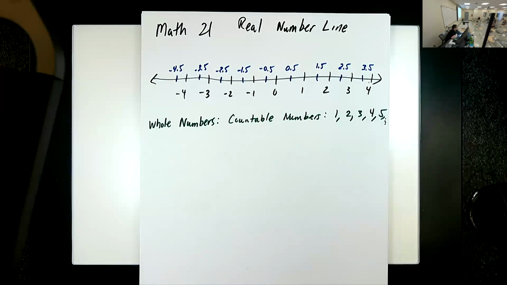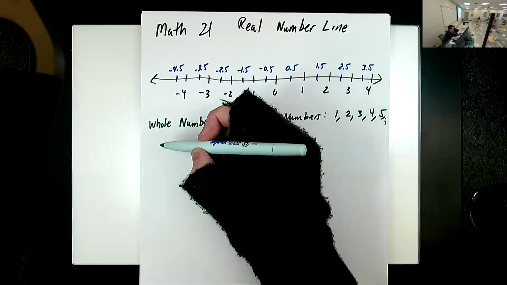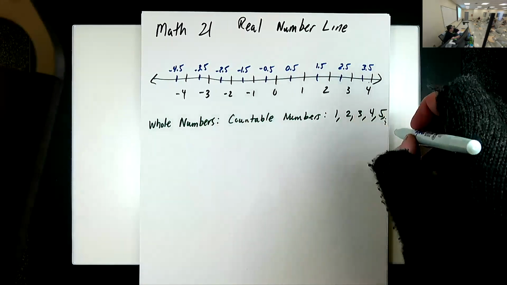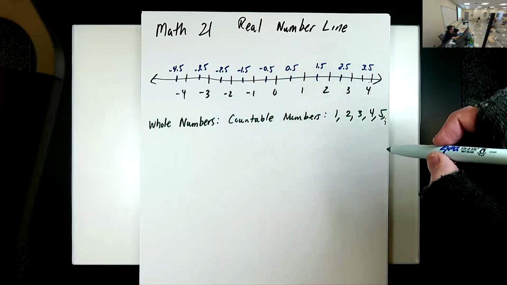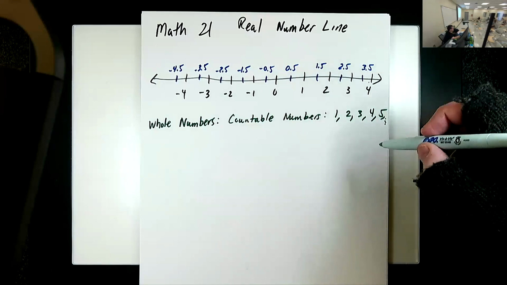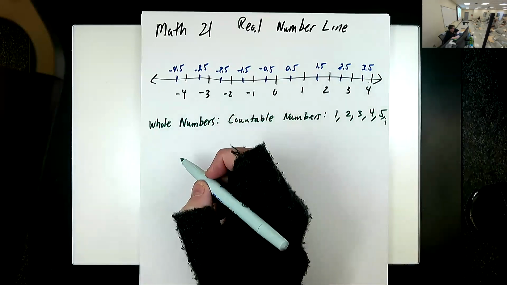That doesn't make sense. So think whole numbers. There's no partial numbers. And those are the only whole numbers. We'll see in a little bit where you can do a fraction and have the equivalent of a whole number, but it's not the same.